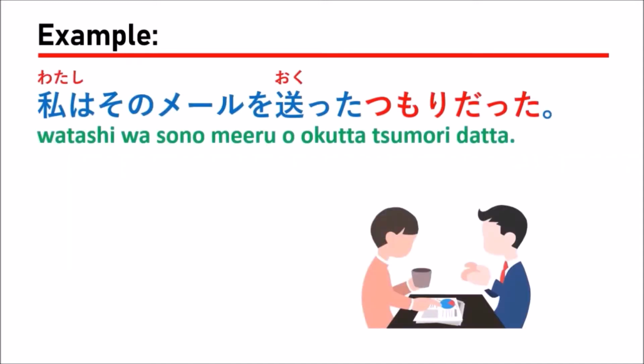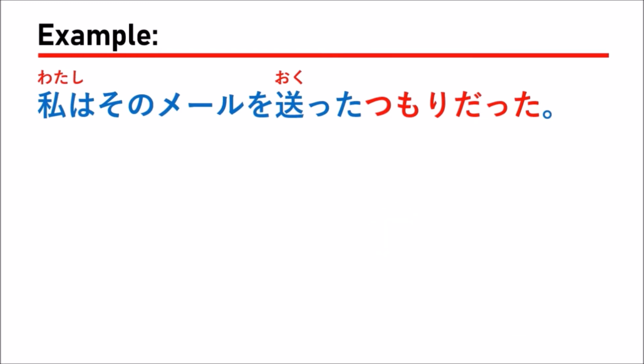The next example is 私はそのメールを送ったつもりだった。Which means I'm sure I sent the email. I am sure I sent that email. So what about the grammar in here?